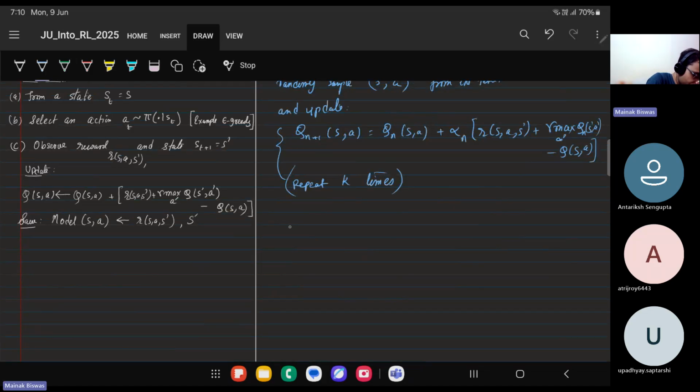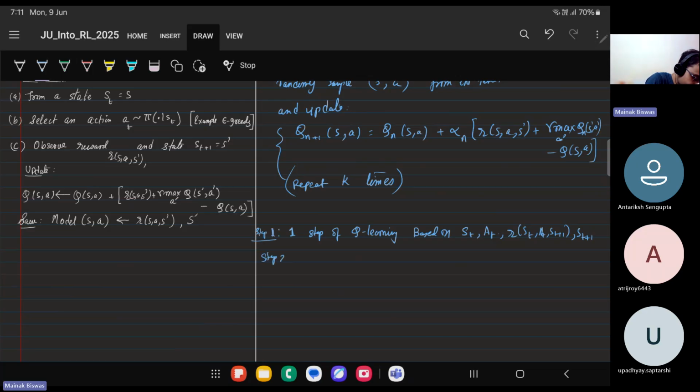Where you have one step of Q learning based on s_t, a_t, the reward of s_t, a_t, s_{t+1}, and s_{t+1}. Step 1.